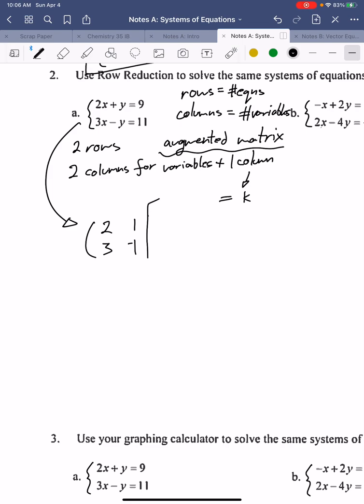This represents the equals. Now we put what's on the other side of the equals, so 9 and 11, and that's the equals column. So here's our augmented matrix. What are we going to do with this? Well, we're going to move on to step 2, which is do row operations until we turn this part here into 0.